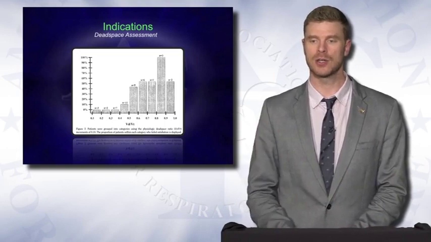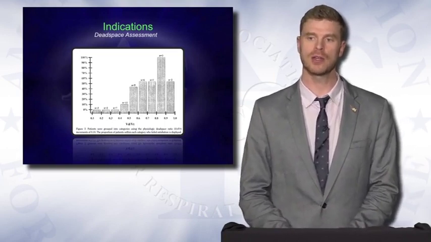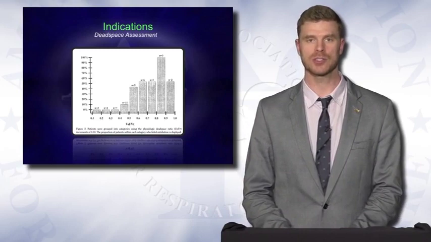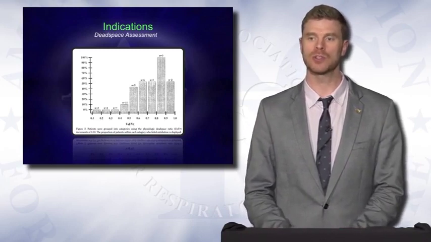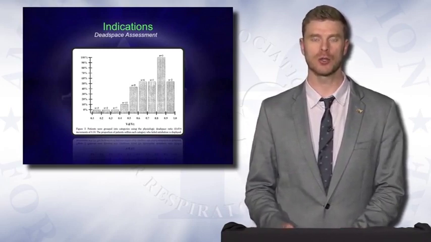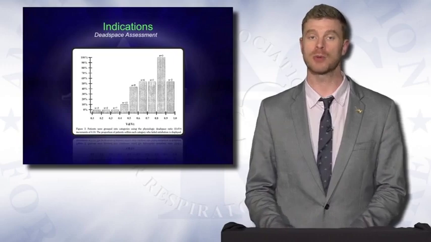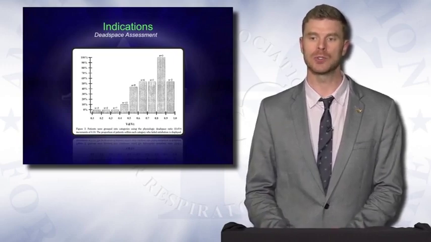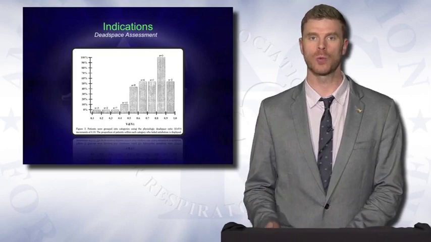This certainly is a limitation of using this method as a sole indicator of extubation success. However, it's an important step, and could provide you some important information as part of a package assessment to assess whether or not your patient is going to respond well to extubation.